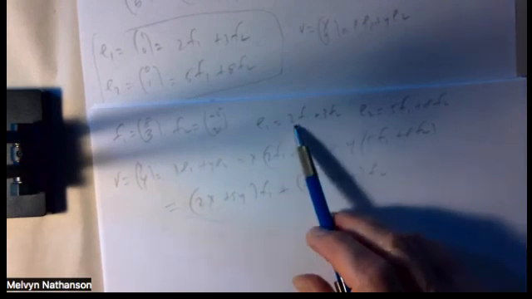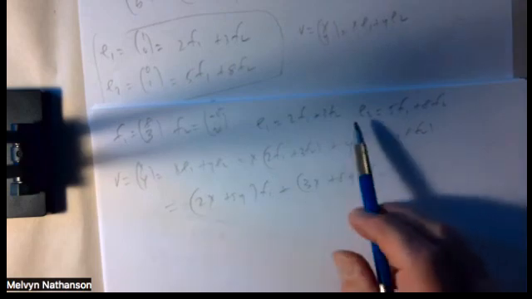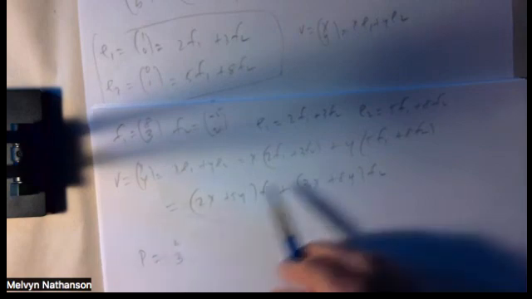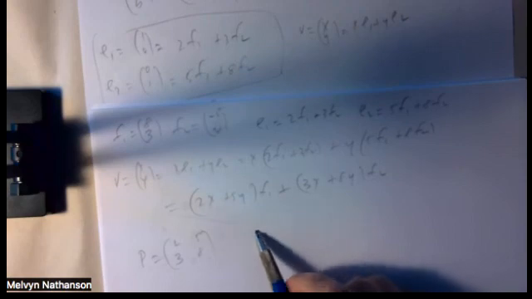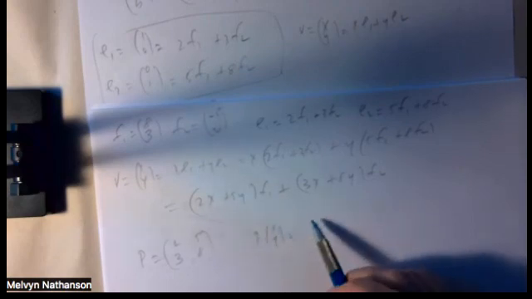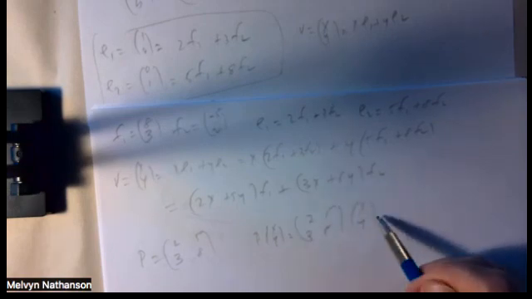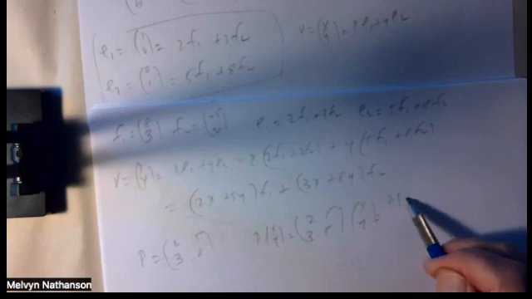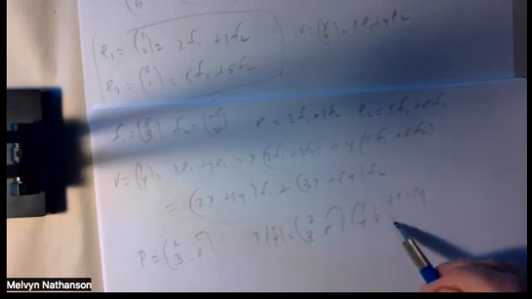Suppose I take the matrix P with columns (2, 3) and (5, 8). So P of (x, y), (2, 5; 3, 8) times (x, y), is (2x plus 5y, 3x plus 8y).